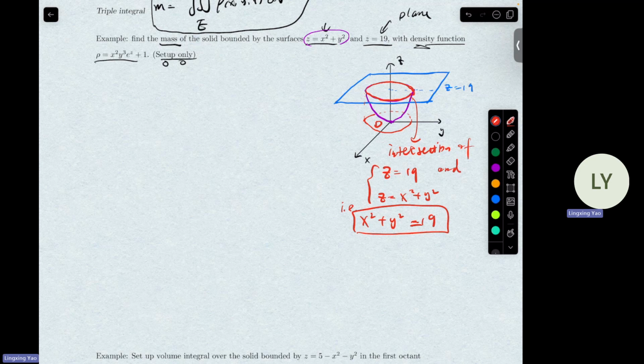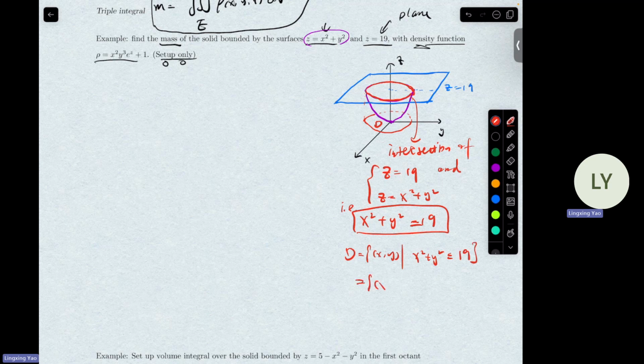So this is a circle of radius square root 19, right? So the domain D in the xy plane is x squared plus y squared less than or equal to 19.